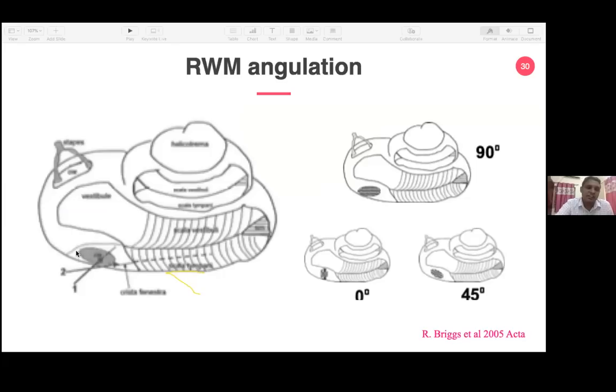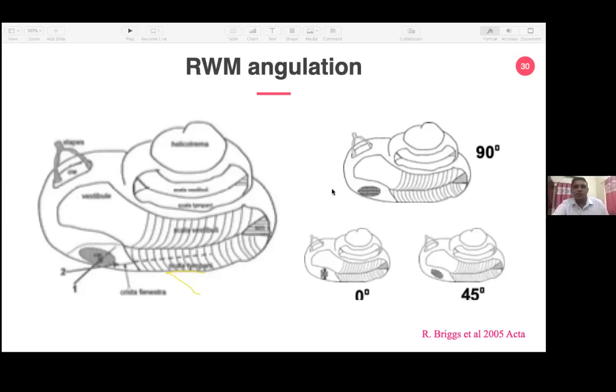In this case, if you insert an electrode like this, in number 1, it will hit the osseous spiral lamina and enter the scala vestibuli here. That is not desired. We want an insertion like number 2 here. Whether the angulation permits your electrode entry like this is something you have to identify by either imaging or in an intraoperative situation.